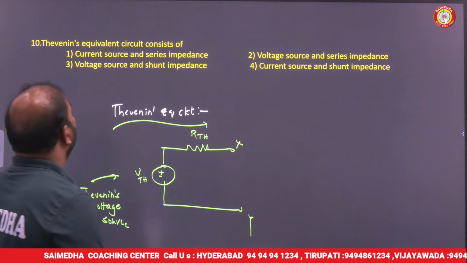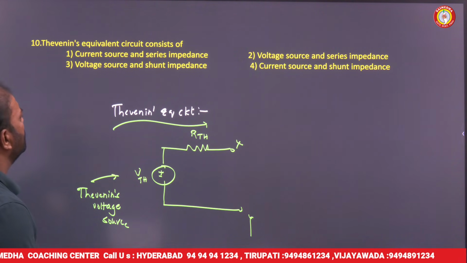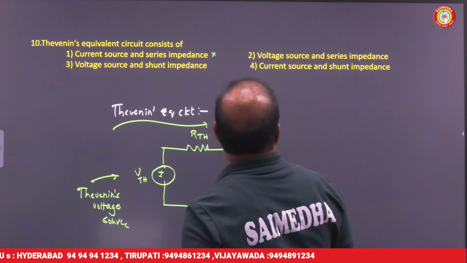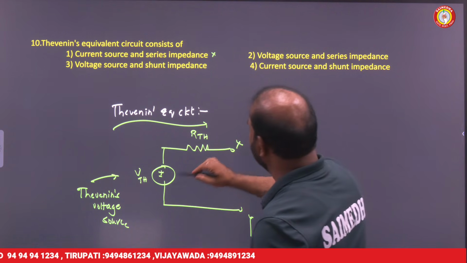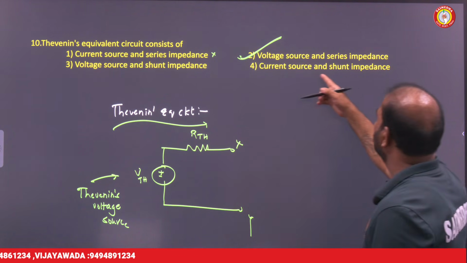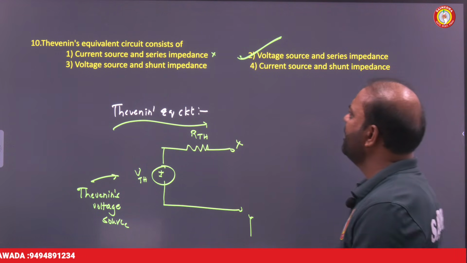So current source and series impedance, no. Voltage source and series impedance, yes. Voltage source and shunt impedance, no. Current source and shunt impedance, no. So option 2 is the right answer.